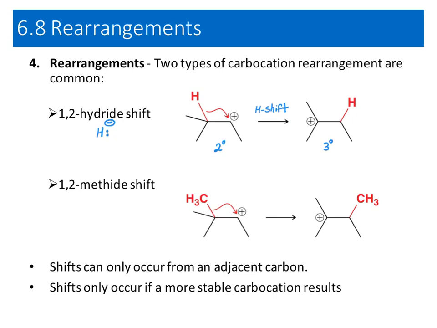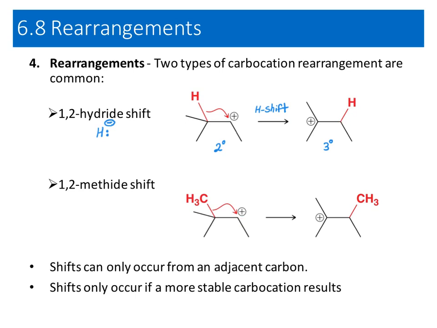Now, how does this happen? So what we are doing here is hydrogen will take the bonding electrons and move them to the positively charged carbon. Now this carbon has a full octet, so it doesn't have the positive charge anymore.